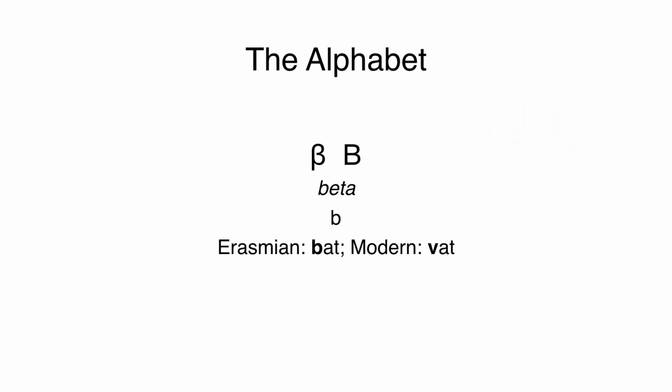Next letter, beta or vita. When we write this, imagining the line is there, we begin with the stem hanging below the line, moving upwards and then curving around.